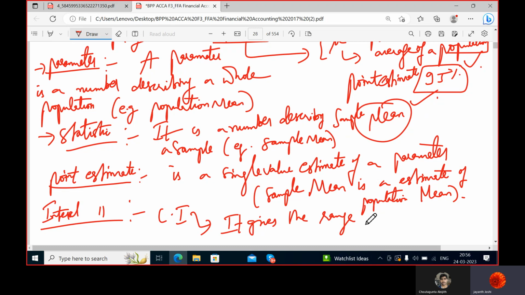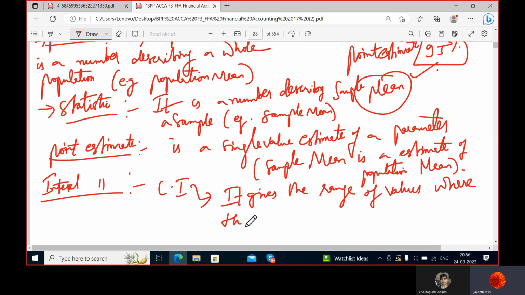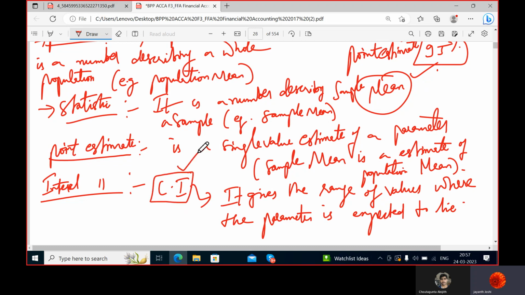It is a range of values where the parameter is expected to lie. So confidence interval is a very good example of interval estimate.